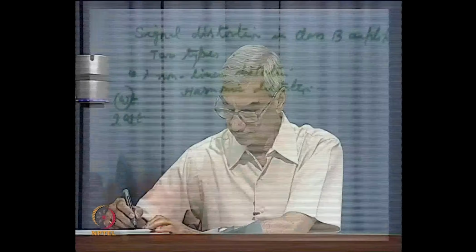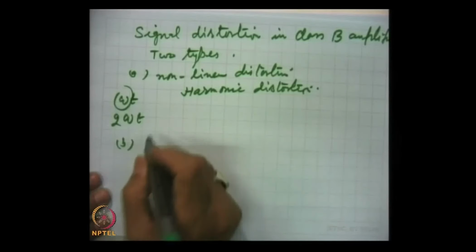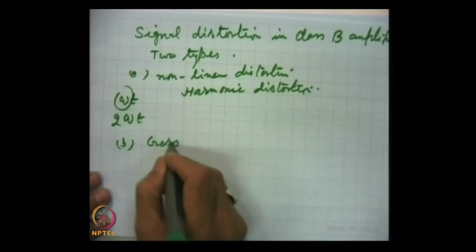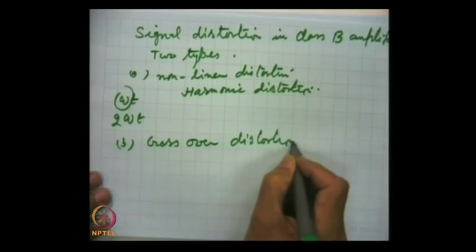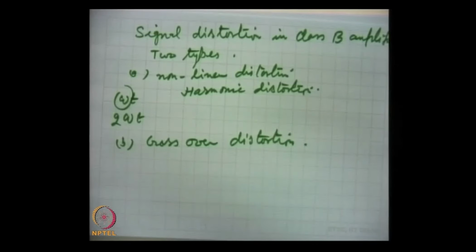And the other kind of distortion is called crossover distortion.